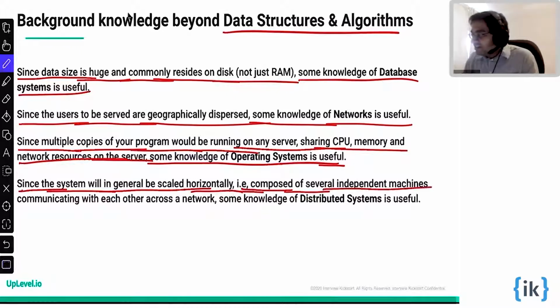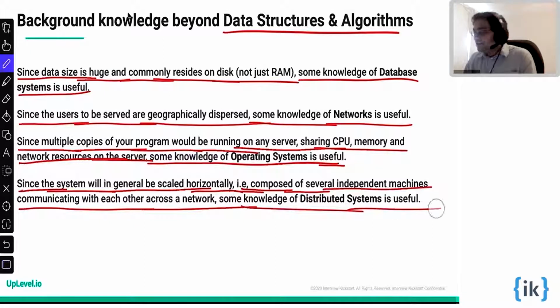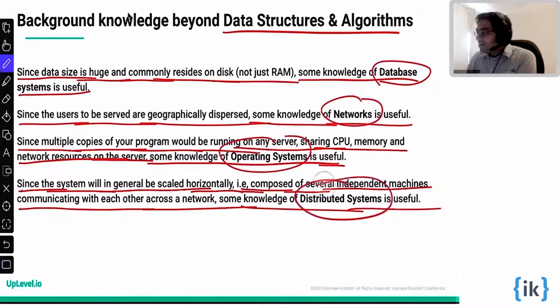And so we'll in general have several independent machines communicating with each other across the network. And so knowledge of distributed systems is also going to be useful. So as you can see, there are at least 4 different fields that you need to be aware of, bringing together knowledge from all 4 of them in order to build large scale systems.